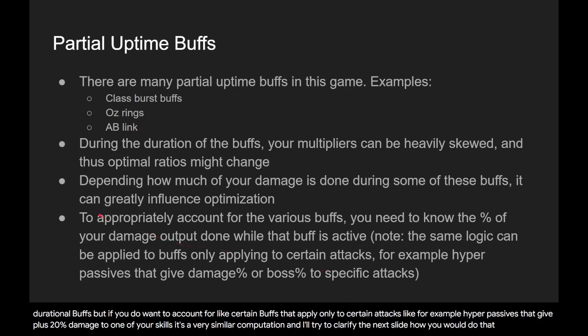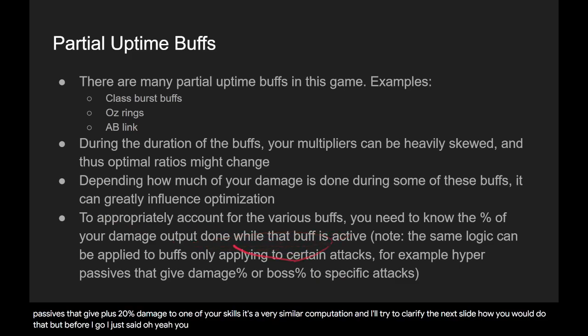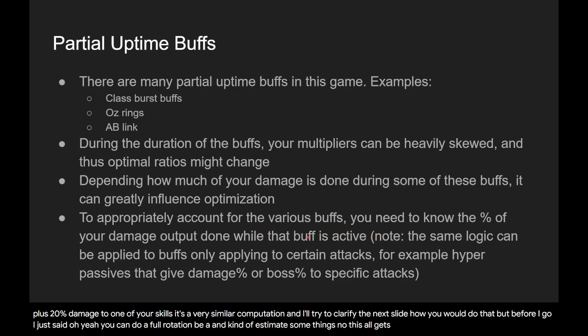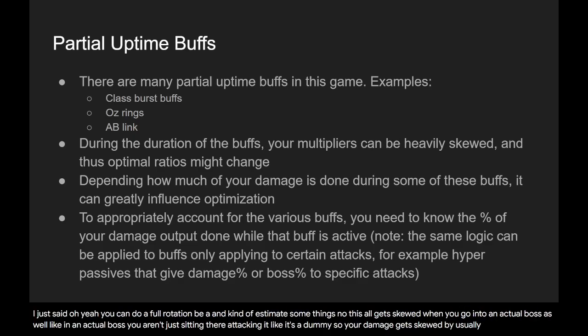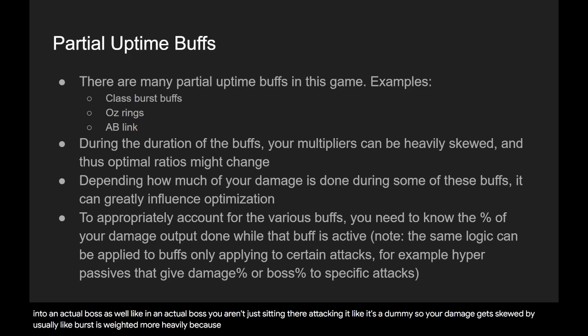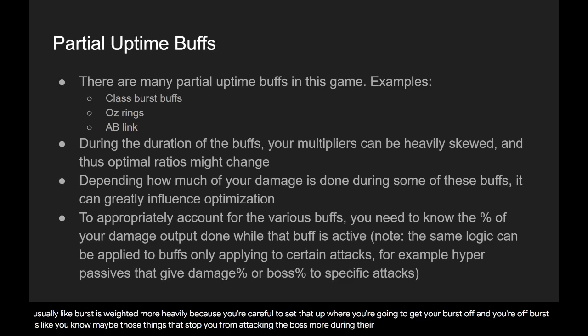But before I go, I just said you can do a full rotation and estimate some things. Note this all gets skewed when you go into an actual boss as well. In an actual boss, you aren't just sitting there attacking it like it's a dummy. So your damage gets skewed by, usually burst is weighted more heavily because you're careful to set up where you're going to get your burst off, and maybe there are things that stop you from attacking the boss more during there, whatever.